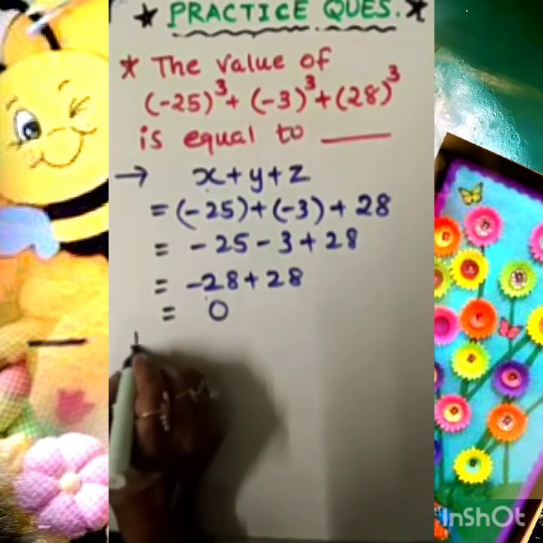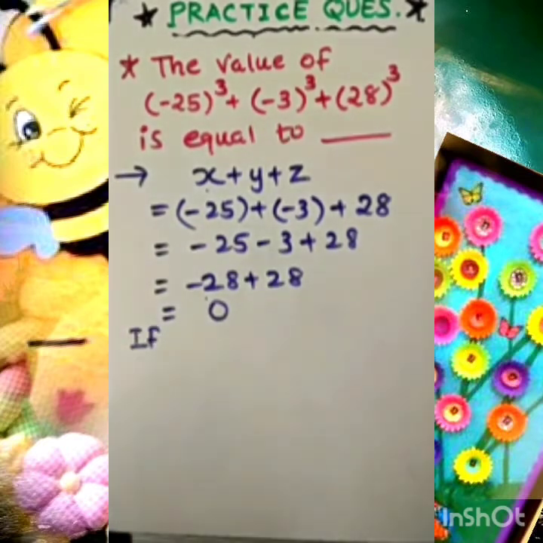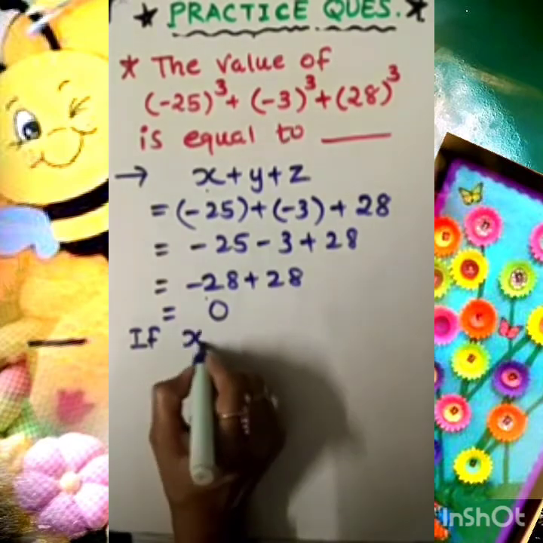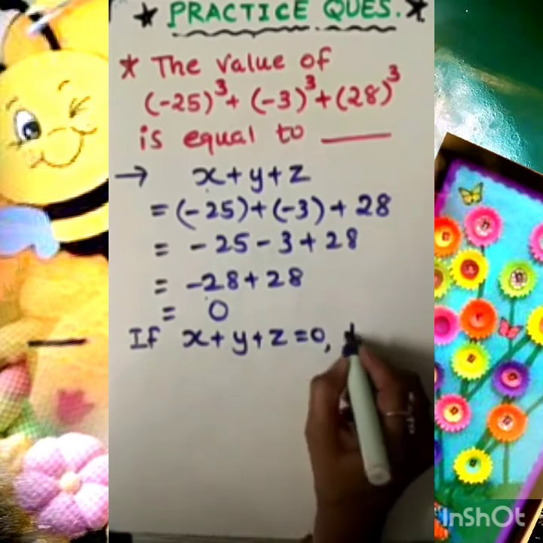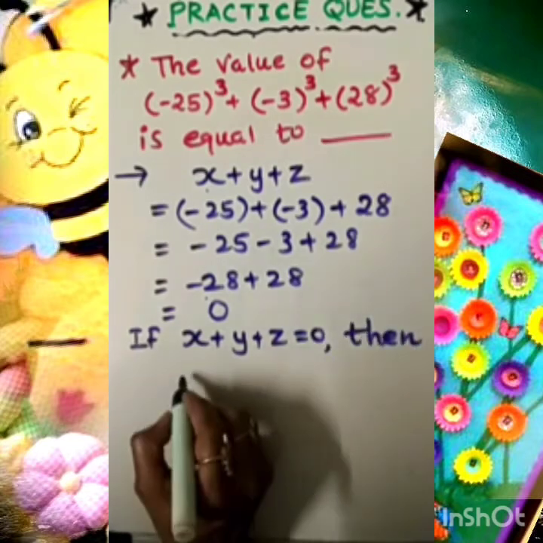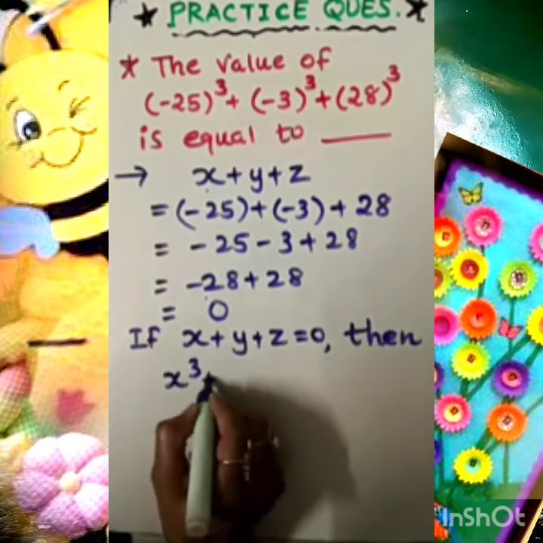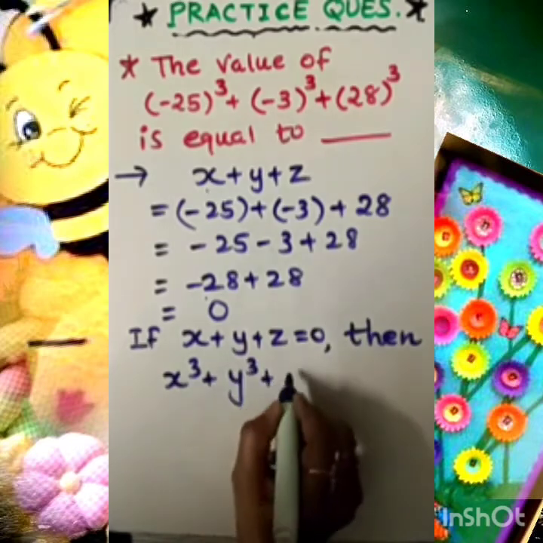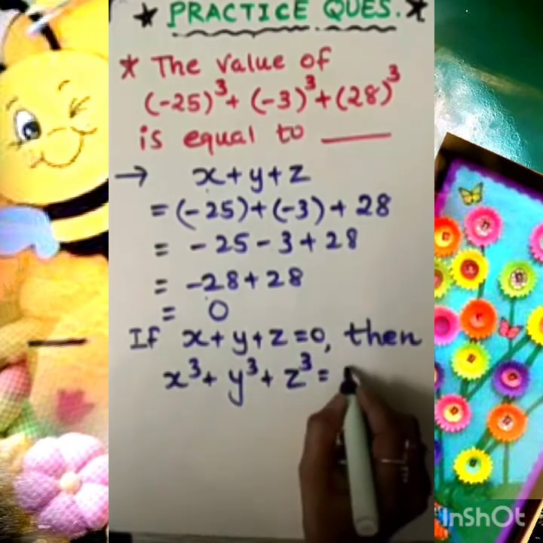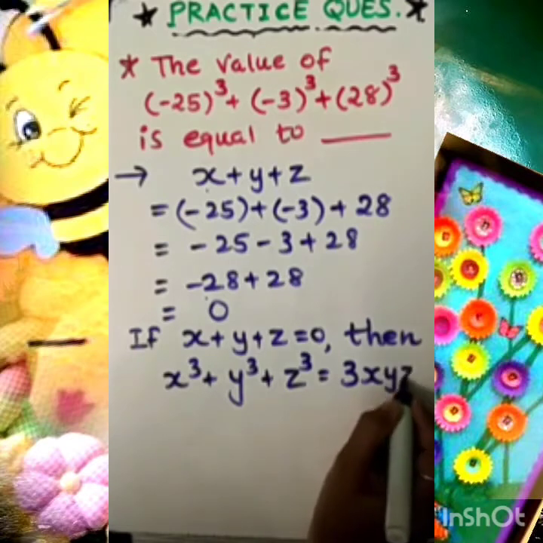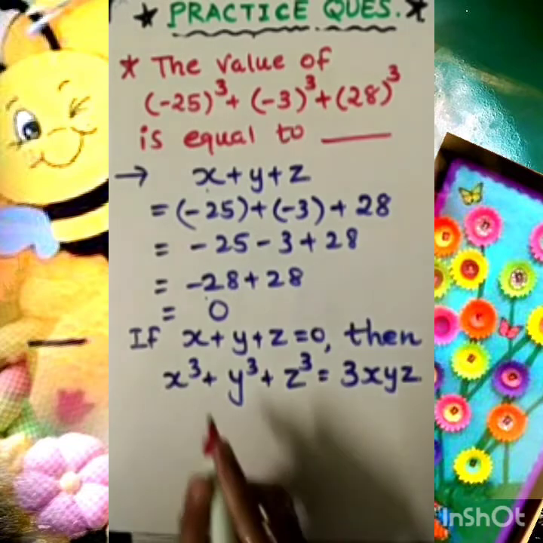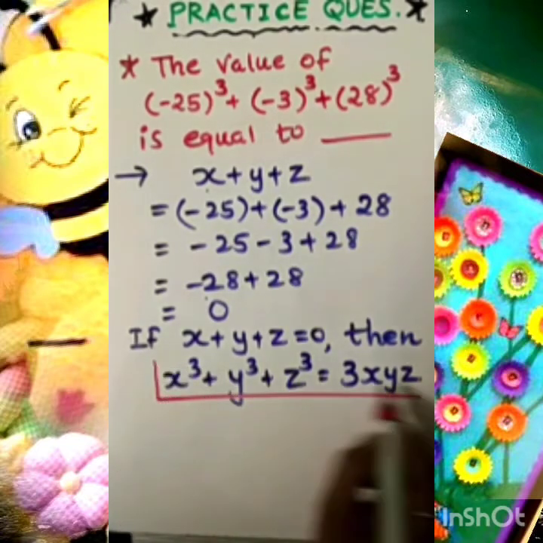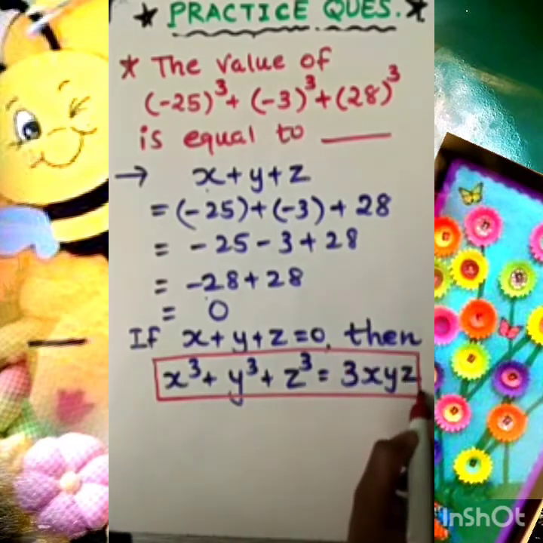It means that we know that if x plus y plus z equal to 0, then x cube plus y cube plus z cube, its value will be 3xyz. This is the identity which we already used in exercise 2.5, questions 11, 12.